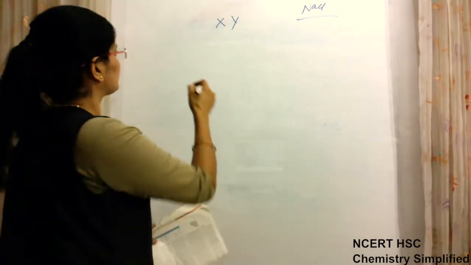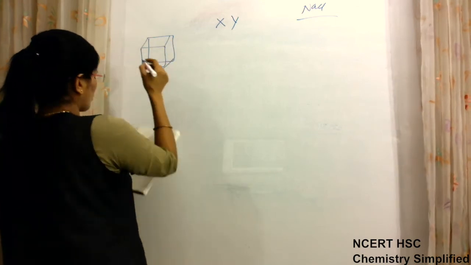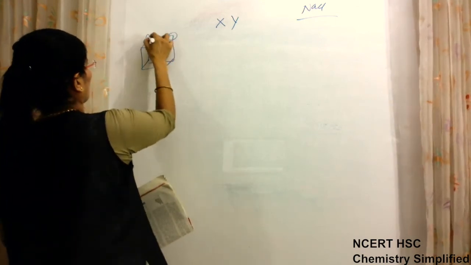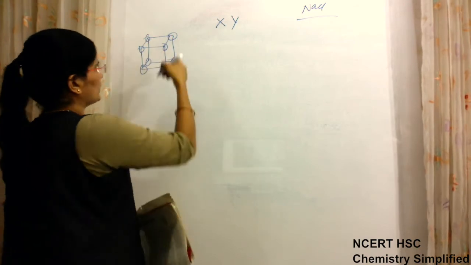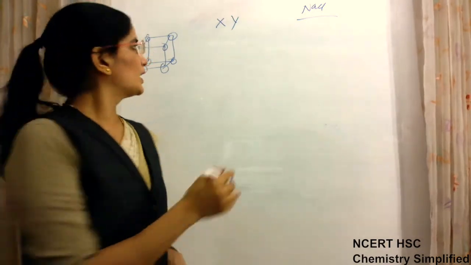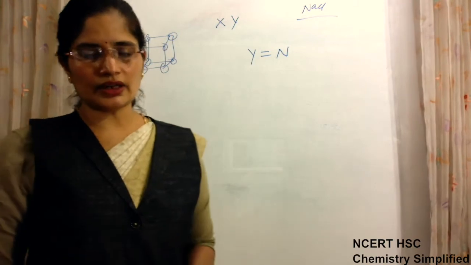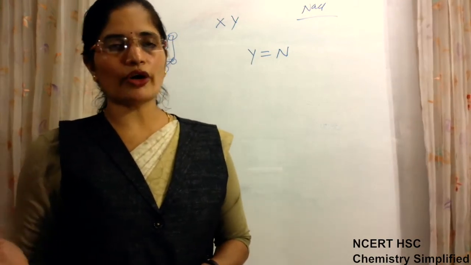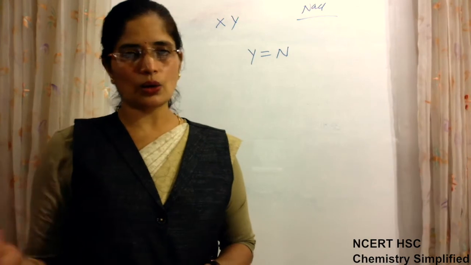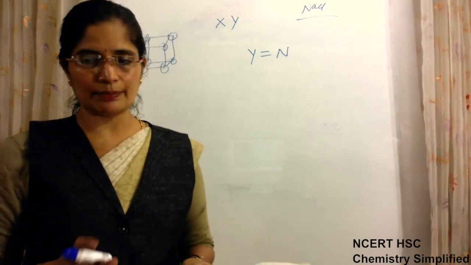Atoms of the element Y make CCP, meaning the whole cubic close packed structure is of Y atoms. Y has the particle number n, because if the number of particles is n, then voids are 2n tetrahedral and n octahedral. So they are saying atoms of element Y as anion make CCP.